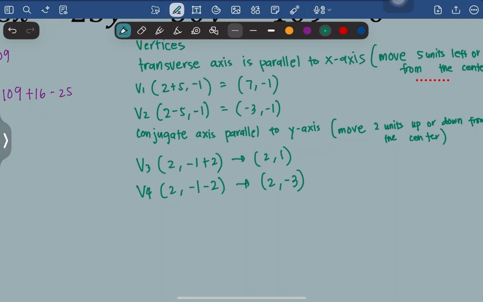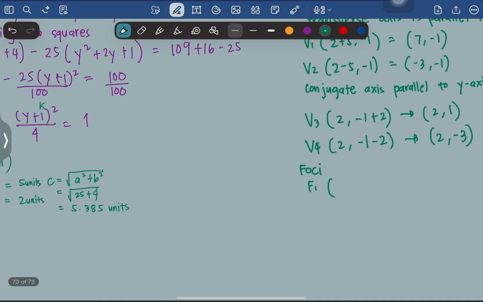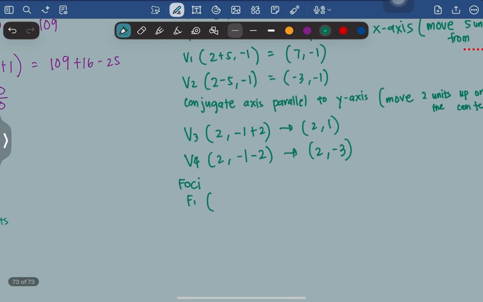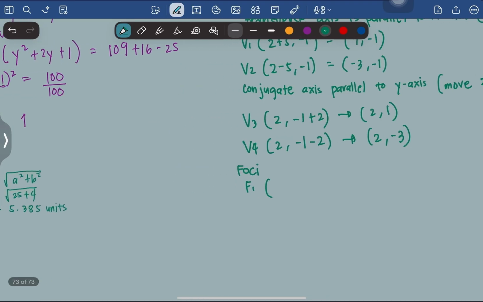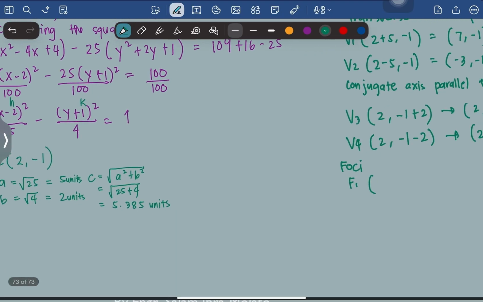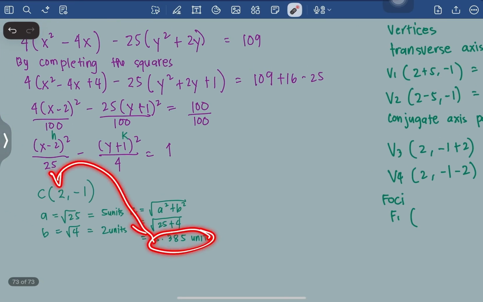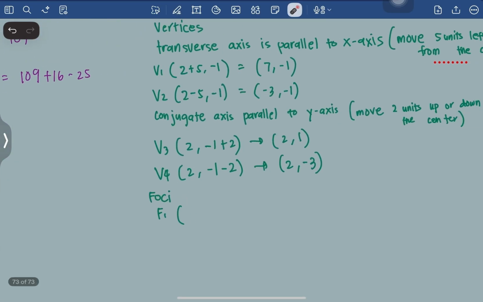Then for the foci, coordinates of foci, F sub 1, since it is along the transverse axis, you have to add or subtract the 5.385 units sa saan? Saan siya parallel? Sa x. So mag-add ka nito sa x coordinate ng center.